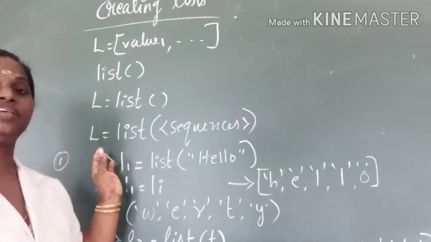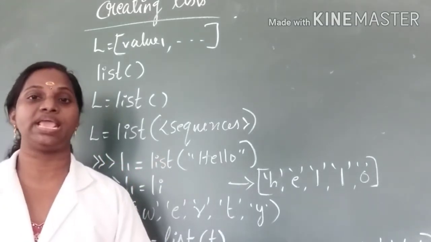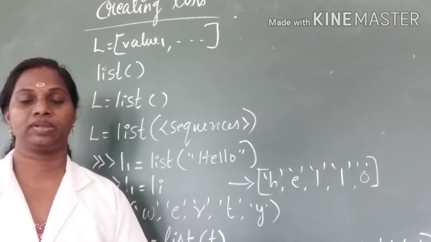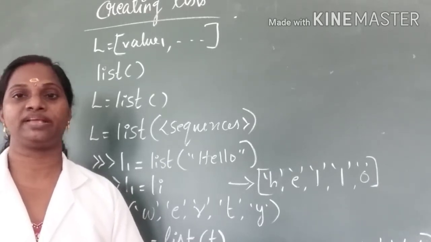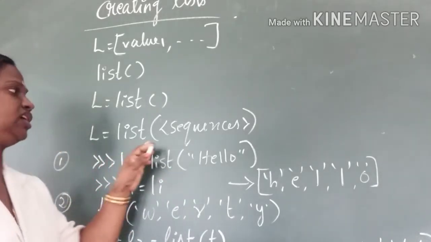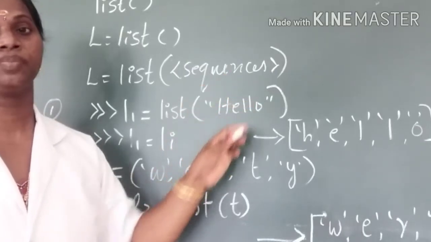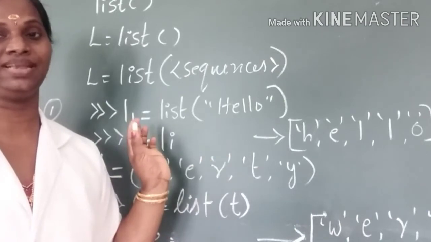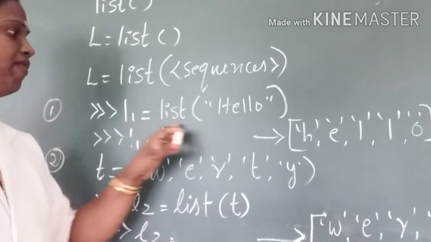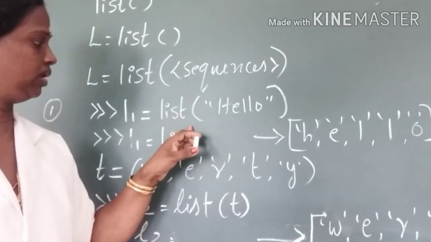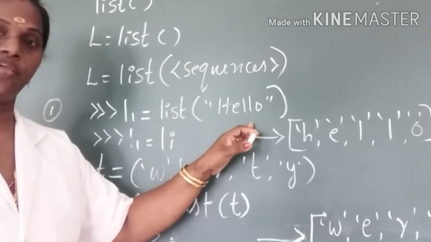Otherwise, you can create a new list from an existing sequence, that is L = list(sequence). These sequence elements will be the values of the list. See the example, L1 = list('hello'). Hello is a string.